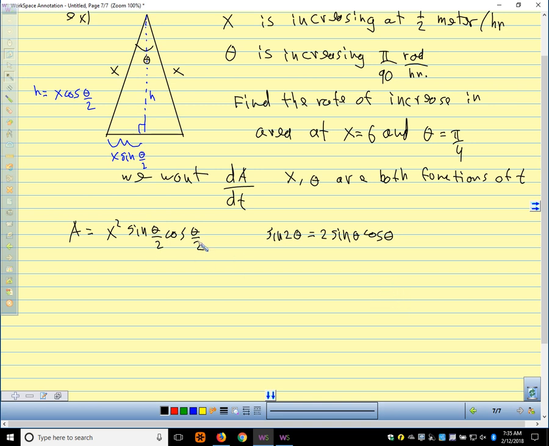So what is this? It's 1/2 sine theta, because we don't have the 2. So this is x squared over 2 sine theta. That darn trigonometry just keeps coming back.